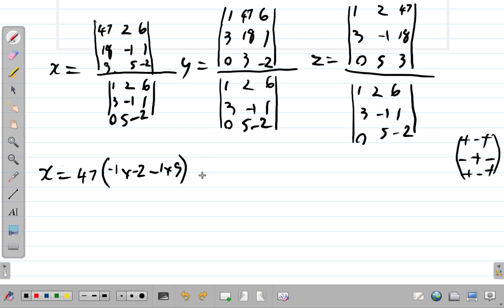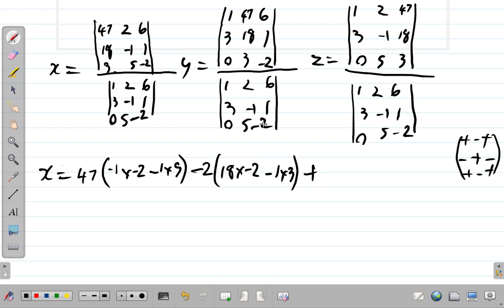So it's minus 2 times the uncovered elements, which are 18, 1, 3, -2. So we have 18 times -2 minus 1 by 3. Okay, good.